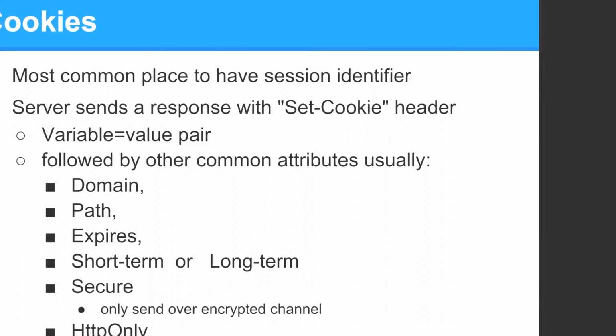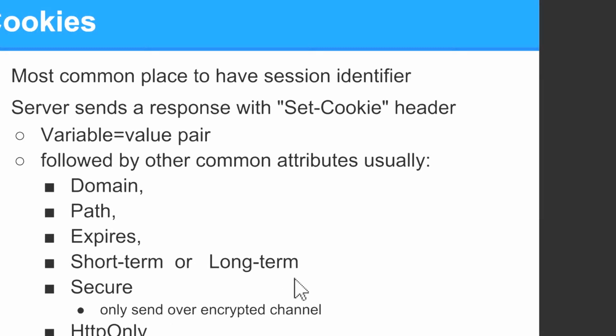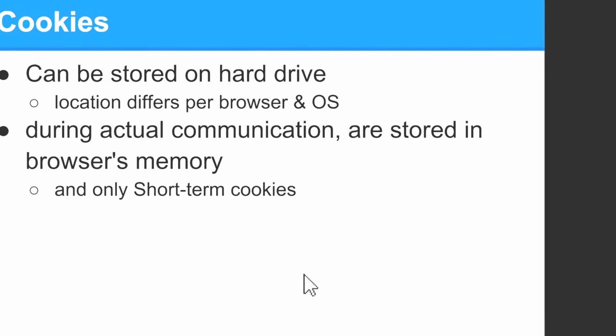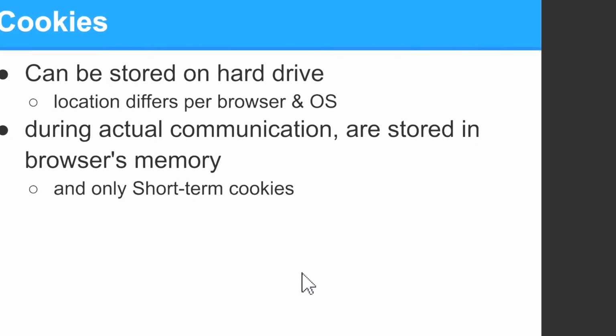JavaScript has a call for accessing that data field, and it's just document.cookie. That will give the JavaScript the cookie for the document if it's not set as HTTP only. Cookies can be stored on the hard drive, and that location differs per browser and per operating system.